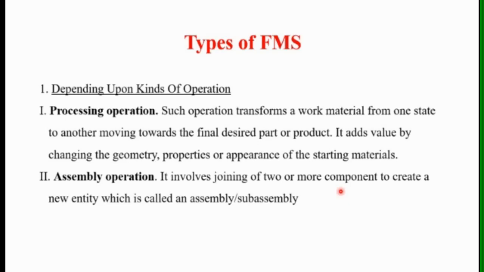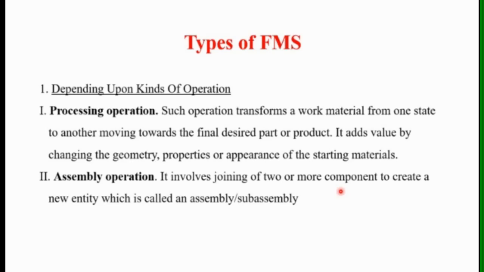An example of this kind of FMS is a CNC machine, on which various operations are performed on the component and the final finished component is produced. So this type of FMS is called processing operation. The second is called assembly operation.